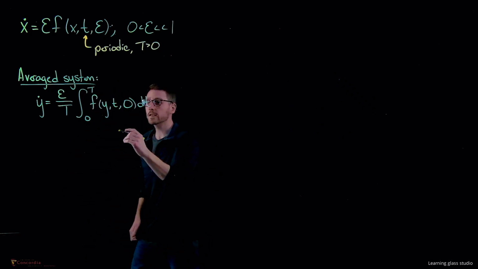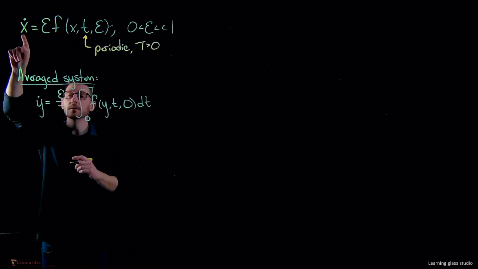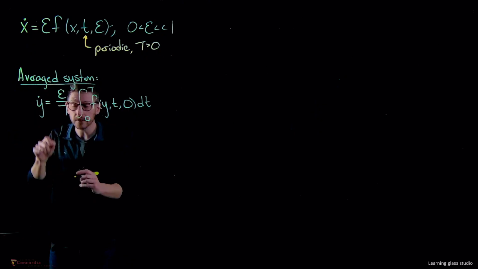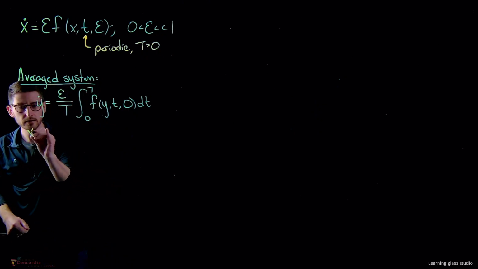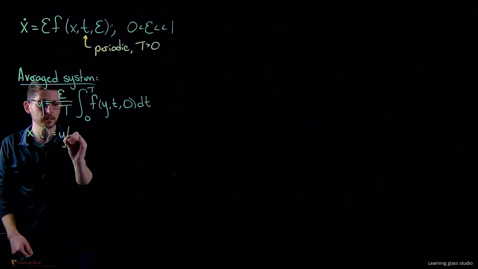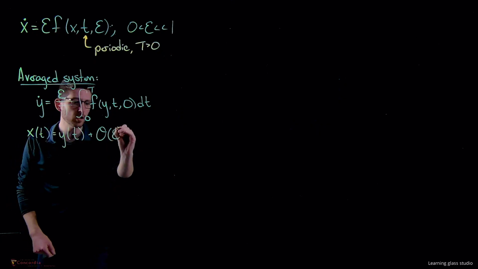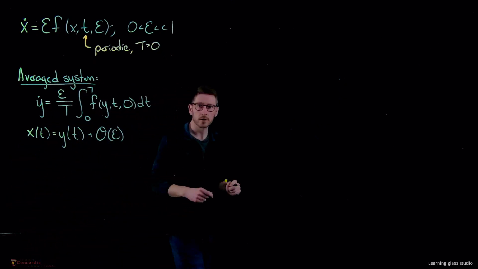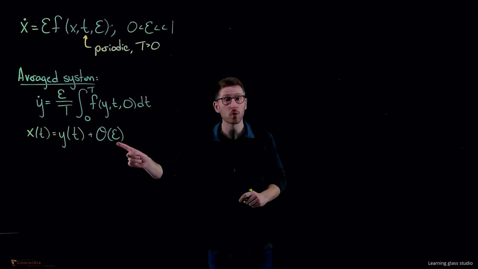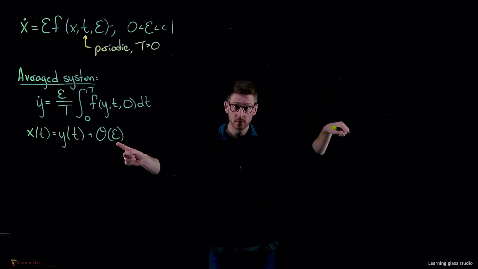And it turns out that you can compare the solutions between x and y. In particular, what you can find is that x of t is basically y of t plus some small little order epsilon corrections. And in fact, we know those order epsilon corrections are periodic little wiggles, okay?